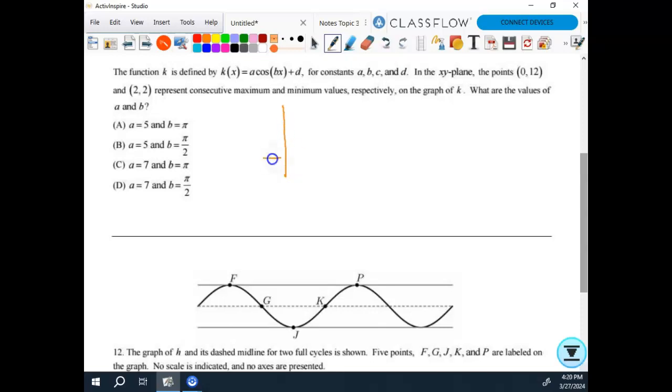All right, so let's look at this. I have a y value of 12 and one at 2, and then I have x values of 0 and 2. Plot my points, (0, 12), (2, 2). Not crazy accurate, don't really care.